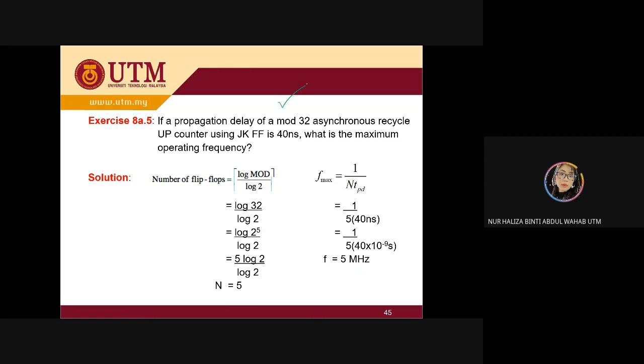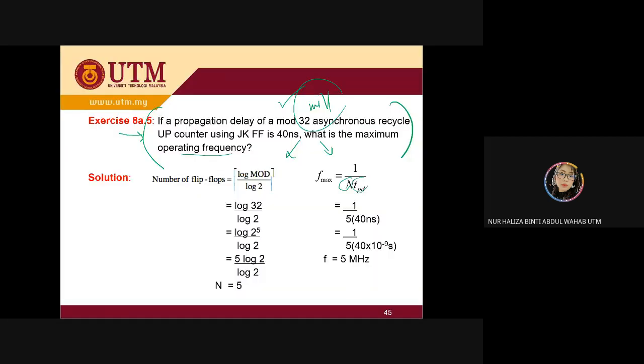This type of question will come out in your final exam. So please make sure you remember the equation, and it's not going to give you directly similar things, which is asking you to find the frequency. Instead it's going to play around with the values. So you need to play around with the equation.